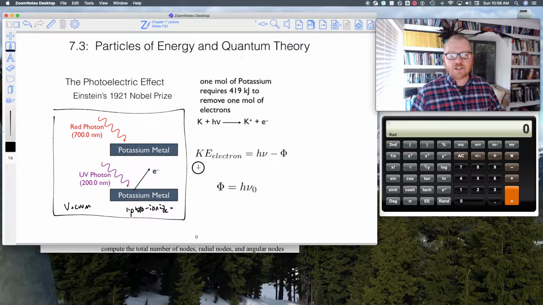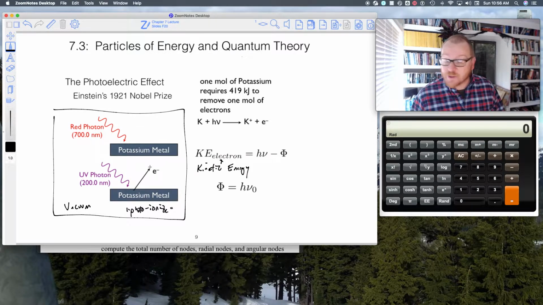The kinetic energy of the electron that is ejected, because if you think about it, this electron is in motion. So the energy that it has when it gets ejected is kinetic. The energy that it has when it's sitting in that metal is its potential.